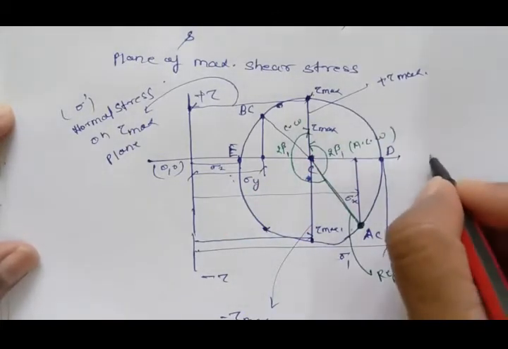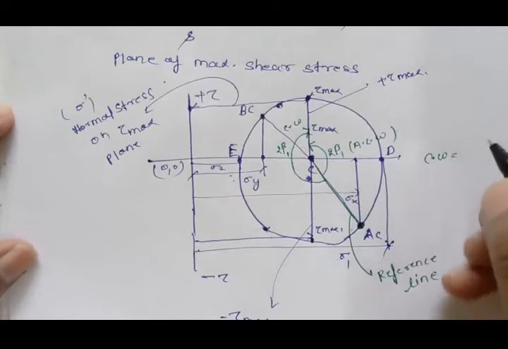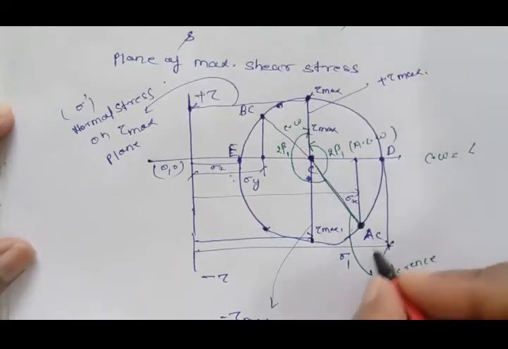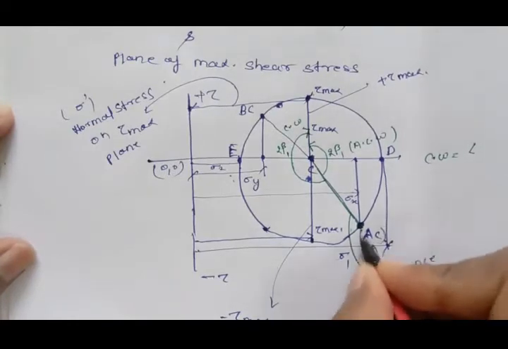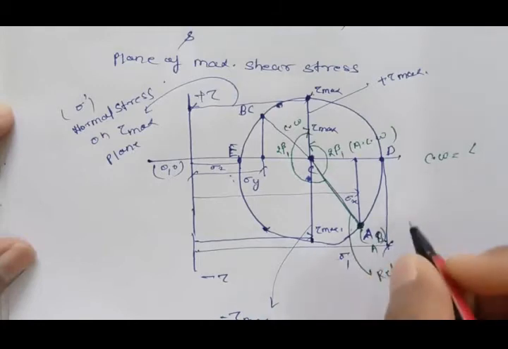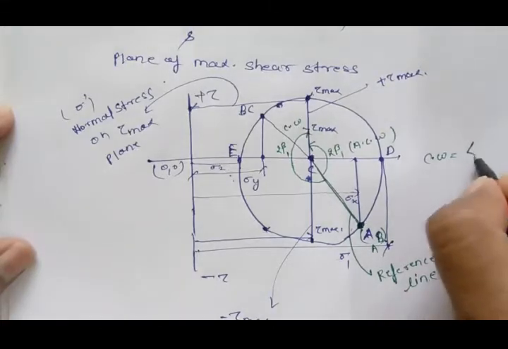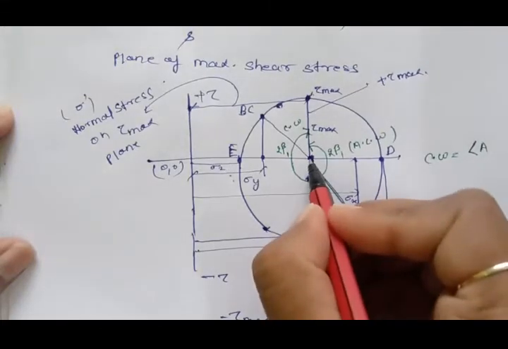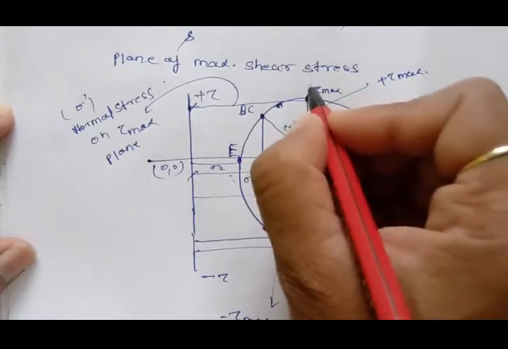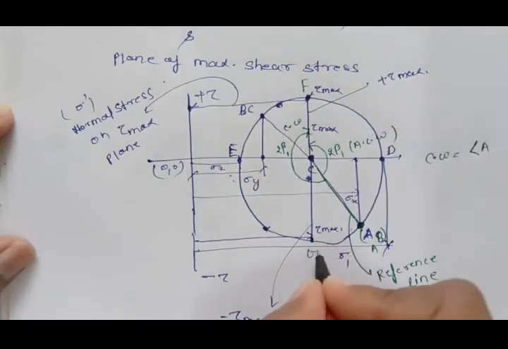So for clockwise you can write angle, I just denote this AB, sorry, this is AB and this is BC. So AB I can denote by A, and it can be written as angle AC. I'm giving this name F, and this is G, suppose.